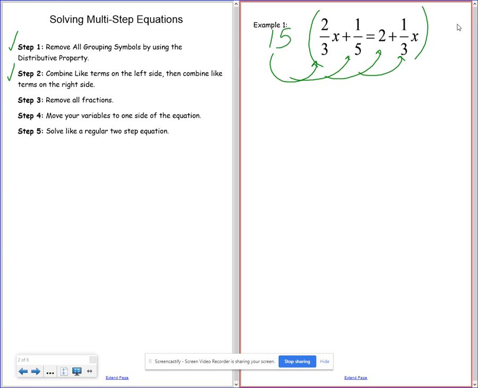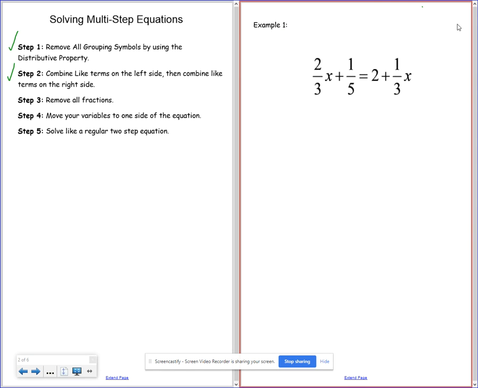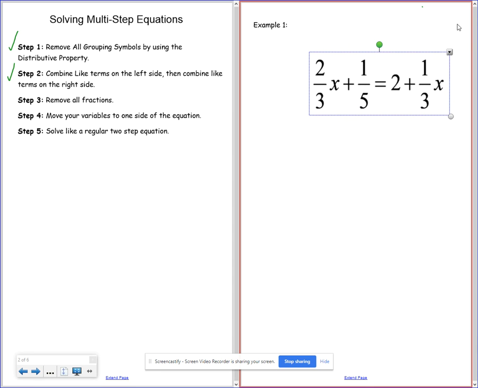So how many times am I going to be multiplying by 15? 4 times. So instead of just writing a single 15 out here, I like to write 15 down 4 times. That's how many times I'll have to multiply. So I'm going to put 15, 15, 15, and 15.